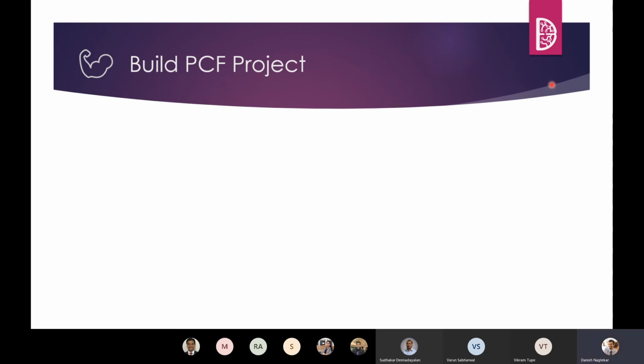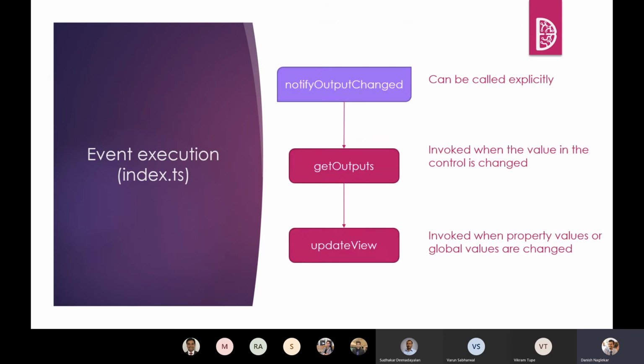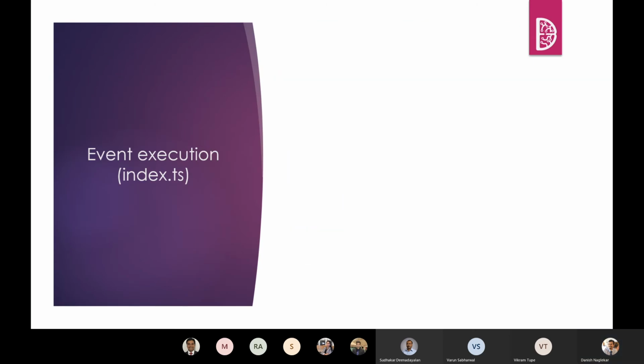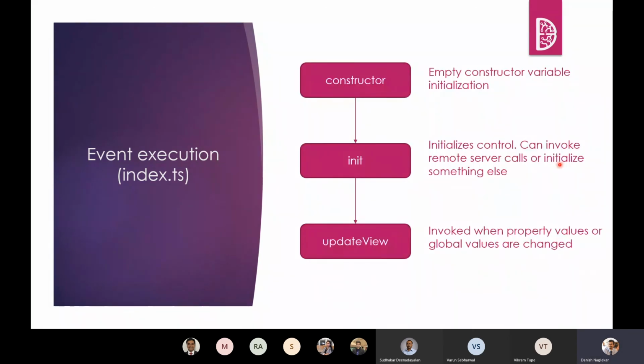When you initiate a PCF control, there are four functions that get auto-implemented in the index.ts file: the constructor, init, update view, and destroy.